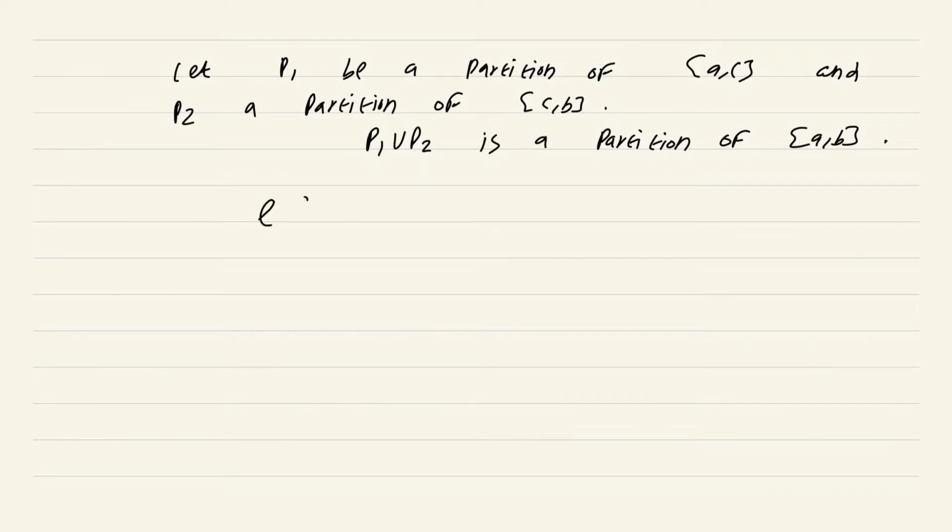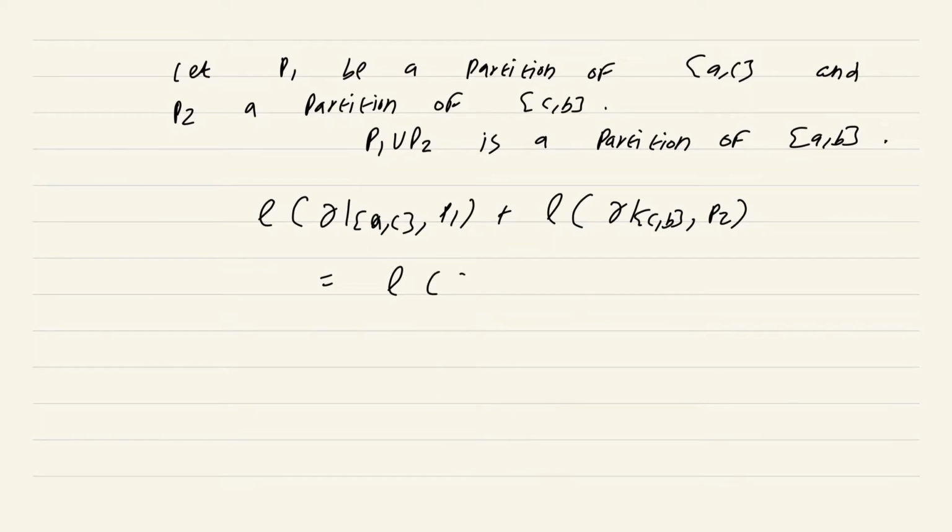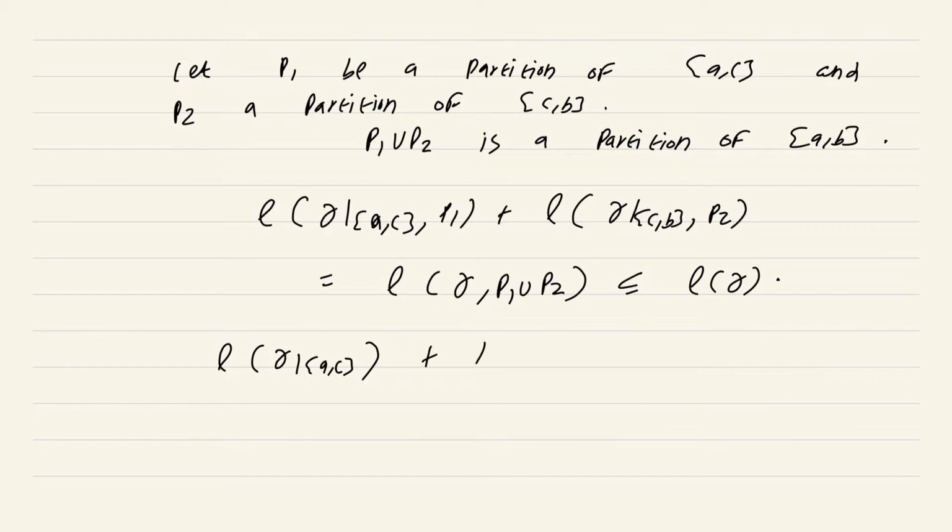It's also clear that the length of gamma restricted to [A, C] with respect to P1 plus the length of gamma restricted to [C, B] with respect to P2 is equal to the length of gamma with respect to P1 union P2, which is less than or equal to the length of gamma. Again, taking the supremum over all P1 and all P2 on the left hand side, we get the required result that the length of gamma restricted to [A, C] plus the length of gamma restricted to [C, B] is less than or equal to the length of gamma, as required.